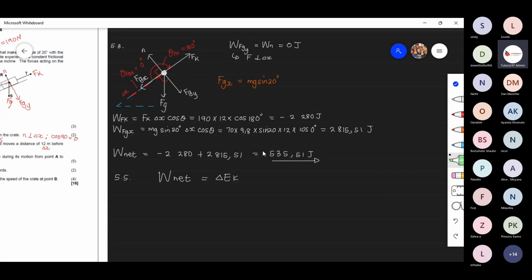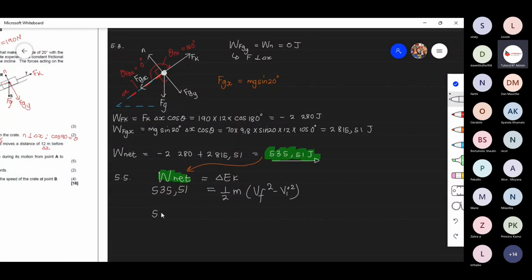Now, we have already calculated work net in a previous question, so all we need to do is substitute work net. We will not be penalized for any marks. We'll receive the full marks because we've already calculated it. You don't need to recalculate it. And we know change in kinetic energy is a half mass times Vf squared minus Vi squared.